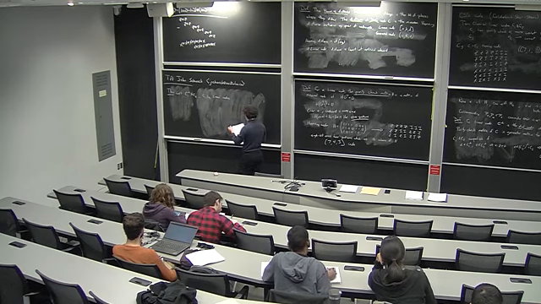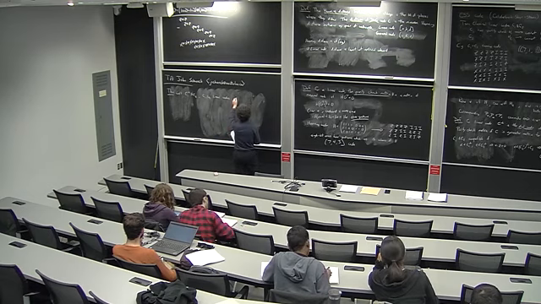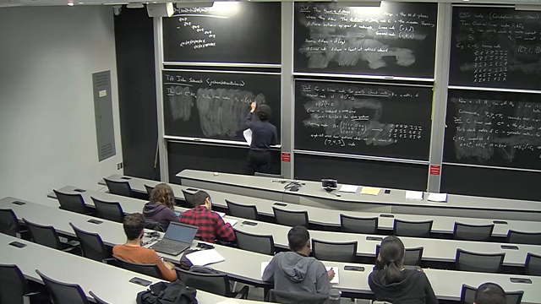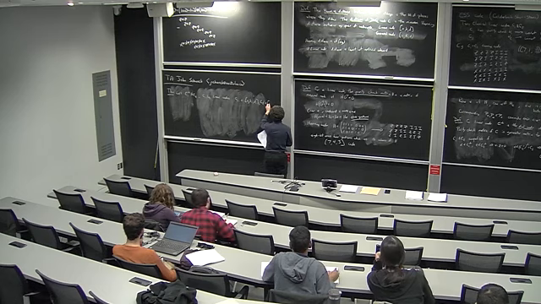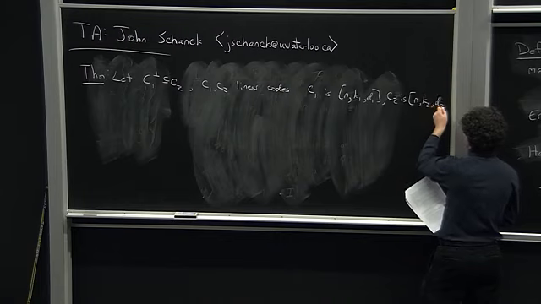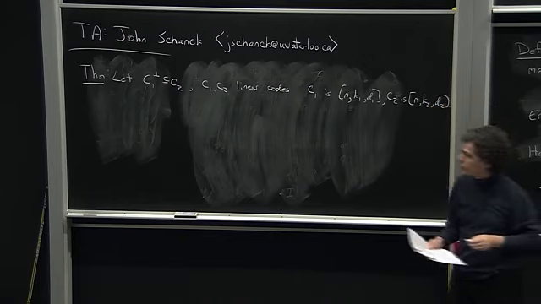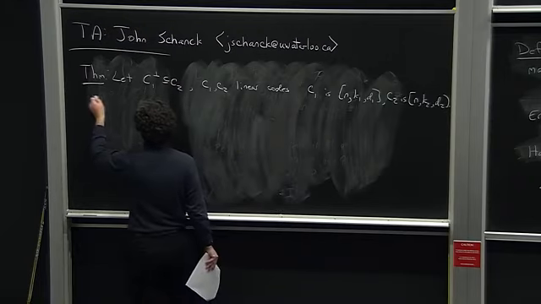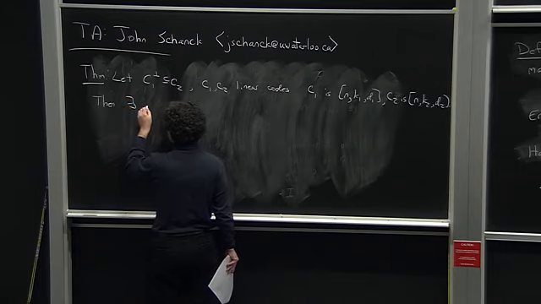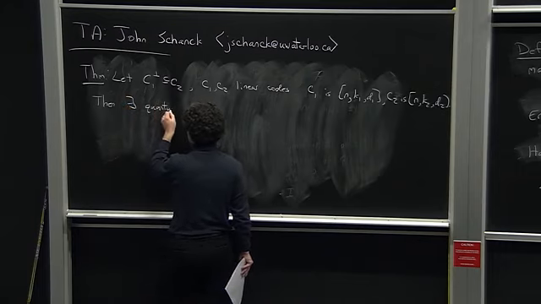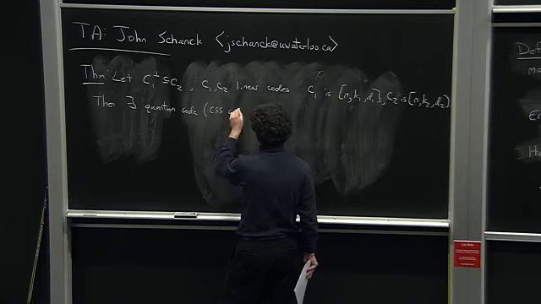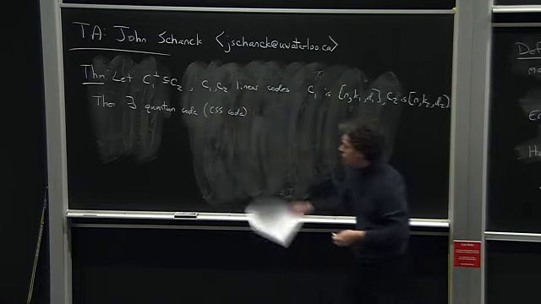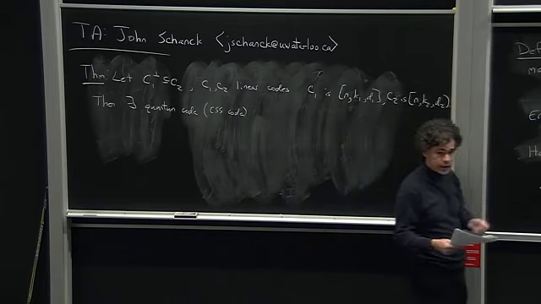And let's suppose that C1 is an [n, k1, d1] code, and C2 is an [n, k2, d2] code. Okay? So then there exists a quantum code, which is the CSS code, which combines these two codes into the stabilizer in the way that I've been telling you.